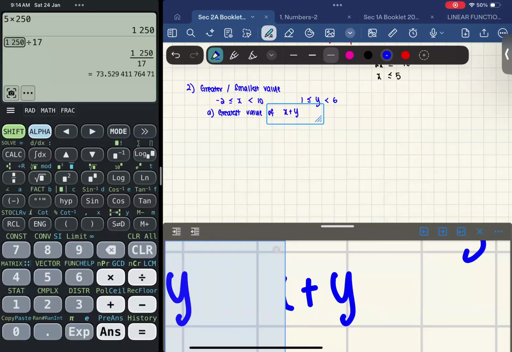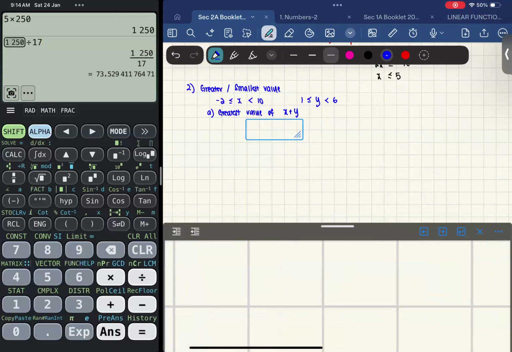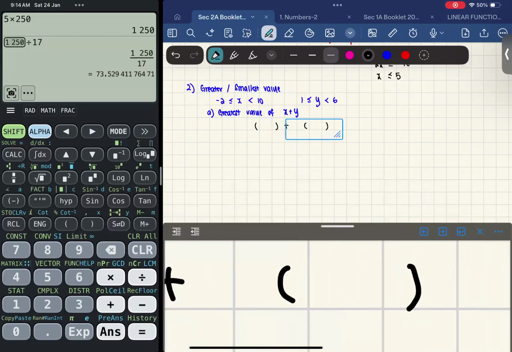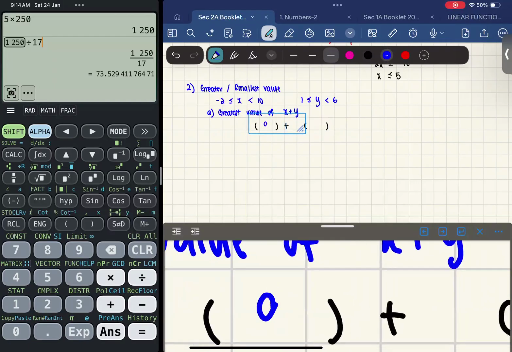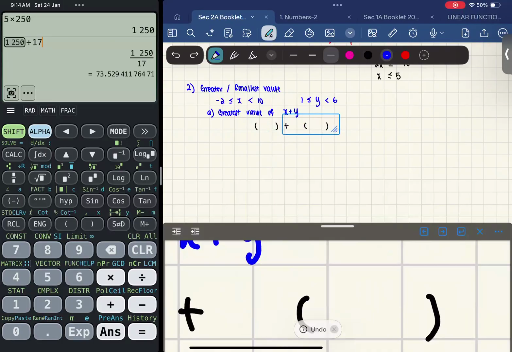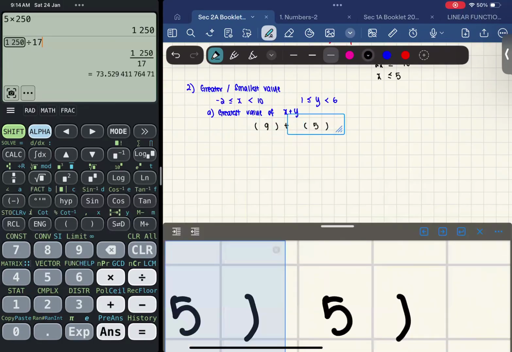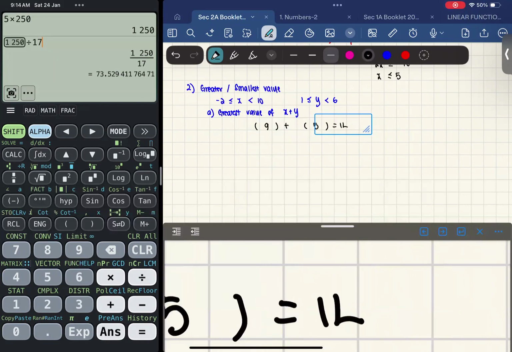Okay, so when they ask you x plus y, you will know that in order to get the greatest value, right, both x and y has to be the greatest one, right? So this would be 9. This would be 5. So get 14.